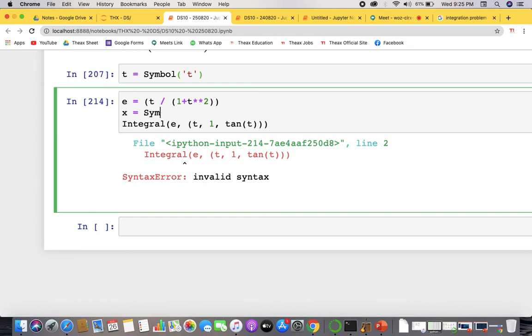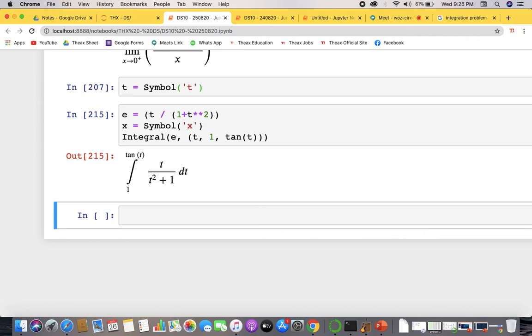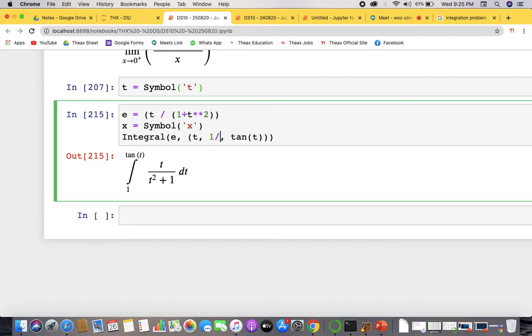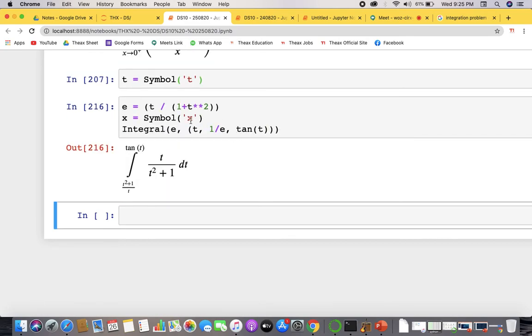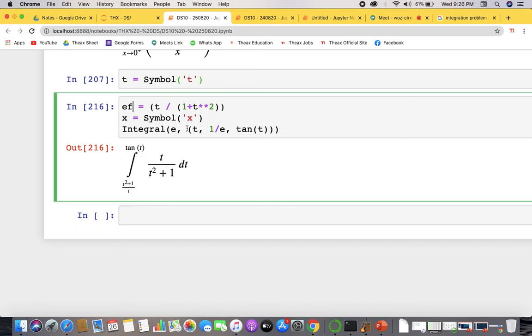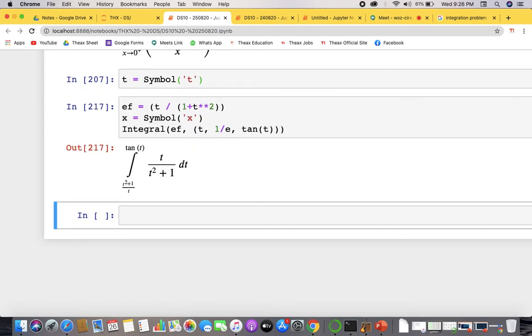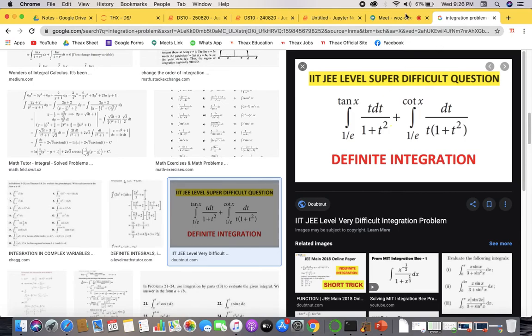We haven't been writing the equations properly. Okay, come on now. So this is, I think, 1 by e with respect to tan x.